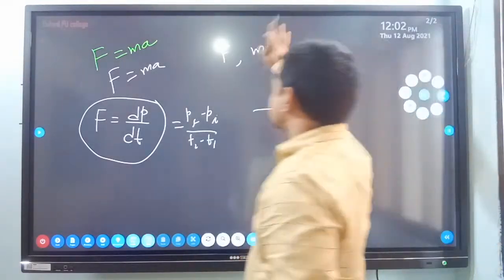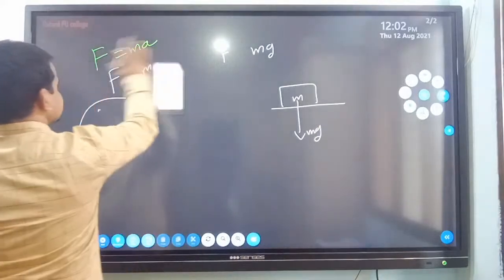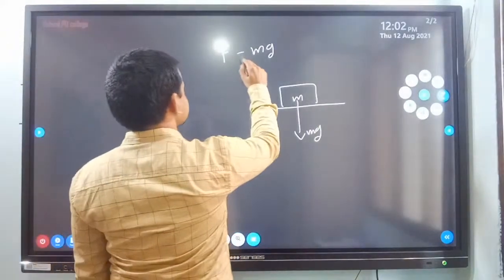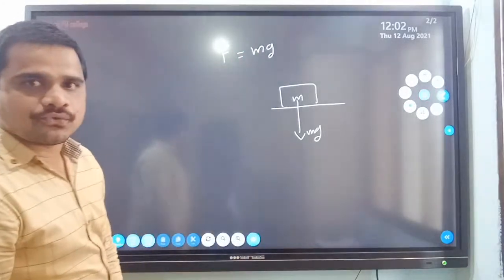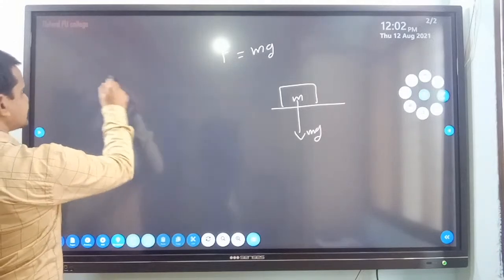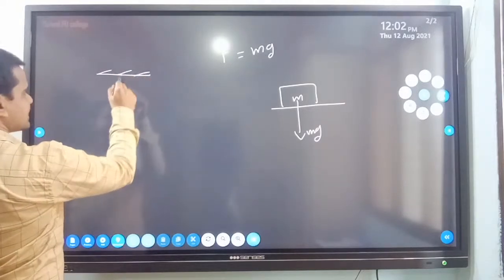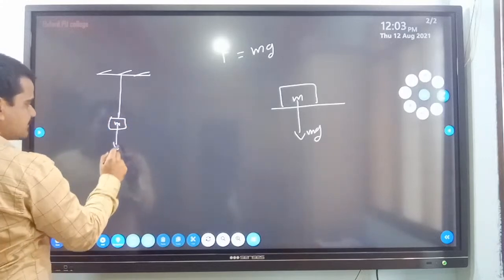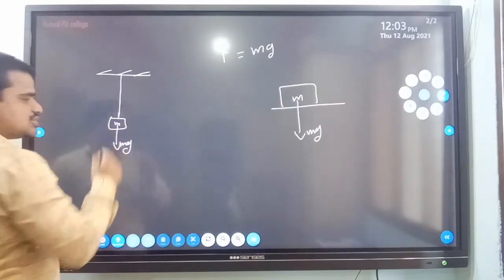So the two forces which we discussed last class: one is mg, the gravitational force. This gravitational force always acts vertically downward. If a body is suspended from a rope, the gravitational force acts here too.